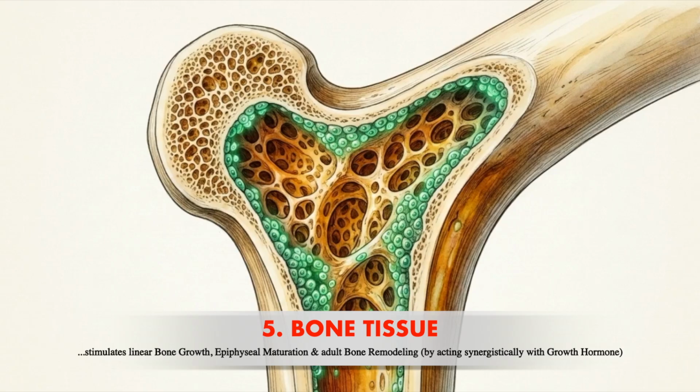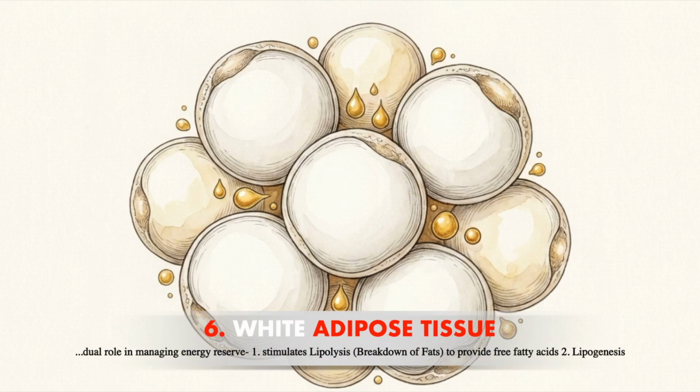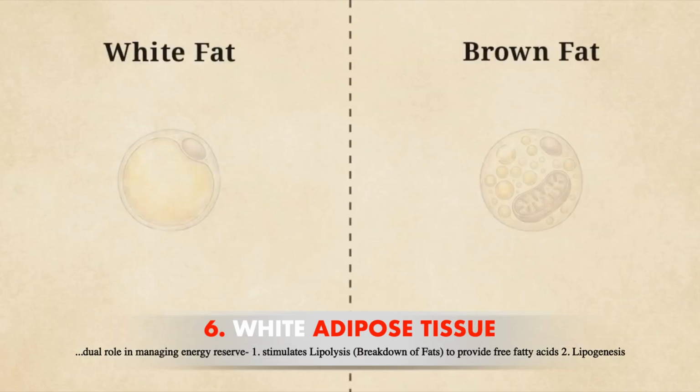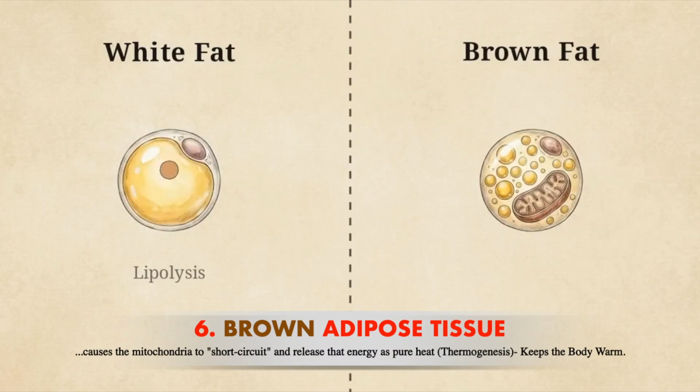Bone tissue requires T3 to work synergistically with growth hormone. This interaction drives linear bone growth in children and constant bone remodeling in adults. In white adipose tissue, the hormone stimulates lipolysis, breaking down stored fats into free fatty acids to be used as fuel for metabolic processes. This diagram compares white fat to brown fat. In brown adipose tissue, T3 activates specific uncoupling proteins within the mitochondria.